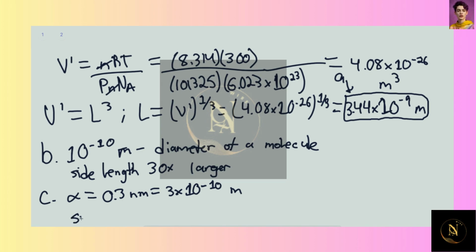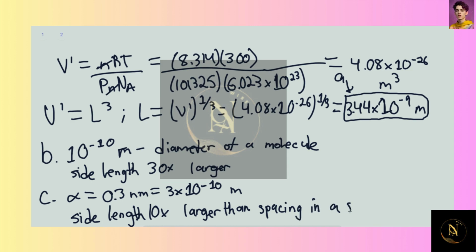So the side length is 10 times larger than the spacing in a solid. If this was a lattice parameter of 0.3 nanometers, we can compare this value to here. We see that there's one order of magnitude, so the side length is simply 10 times larger than the spacing in a solid.